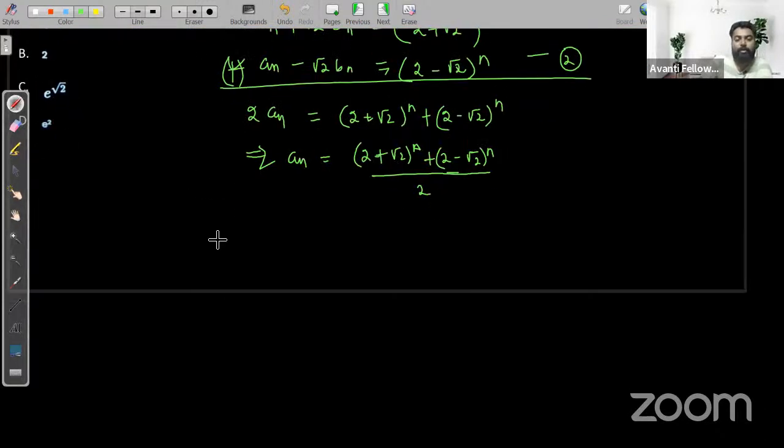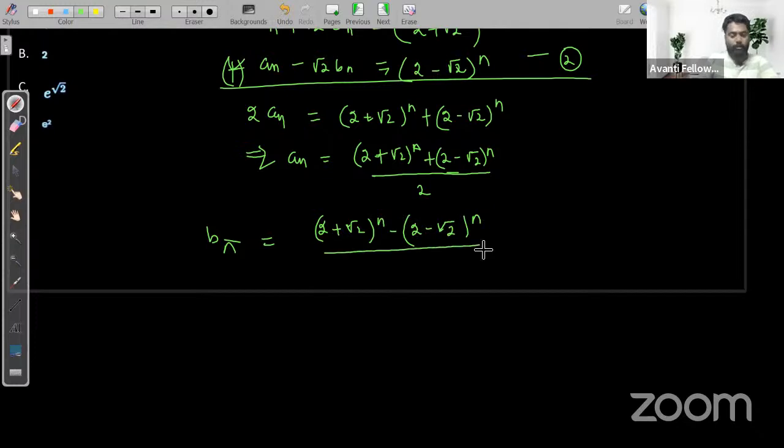By subtracting, we get bn is equal to 2 plus root 2 to the power n minus 2 minus root 2 to the power n, whole divided by 2 root 2, right?